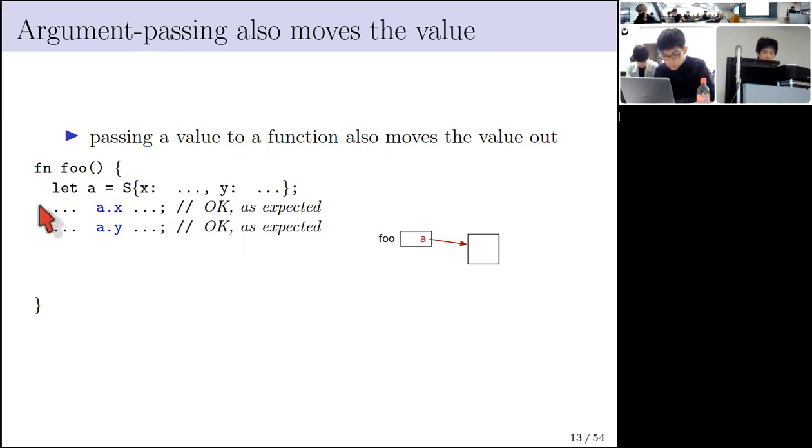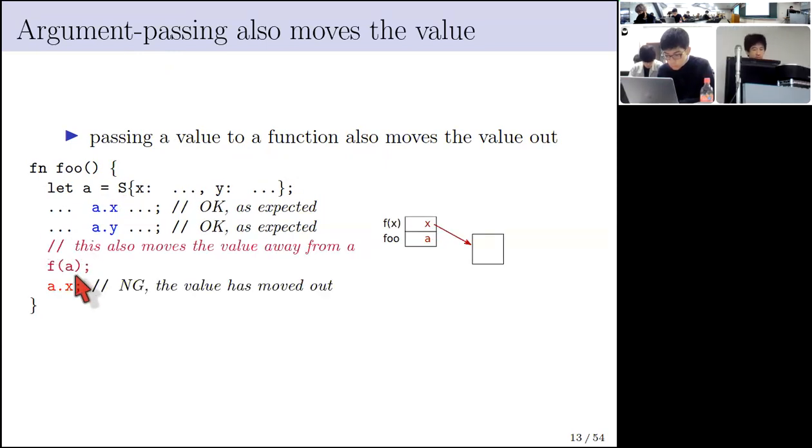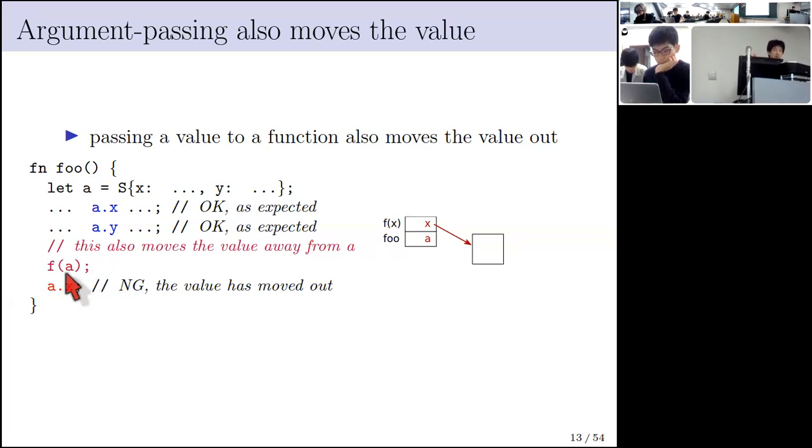The example is exactly the same as before so far, in these 3 lines. But let's say you have a function call passing this variable a to another function f. Again, we like to maintain the single owning pointer rule. So when you do something like this, the single owning pointer should be the parameter of this function f.